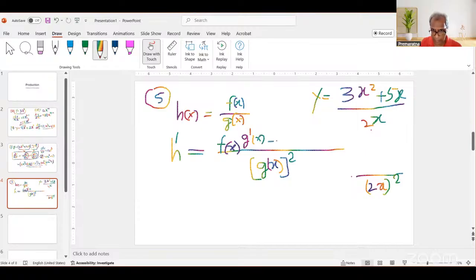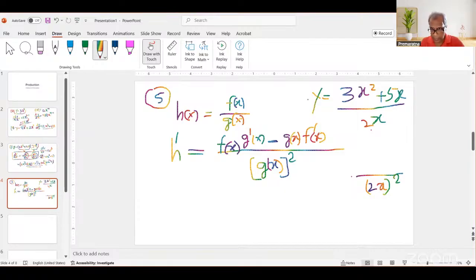Then the minus symbol always comes here. Then g(x) comes as the equation itself without differentiating, and f(x) after differentiating the equation.